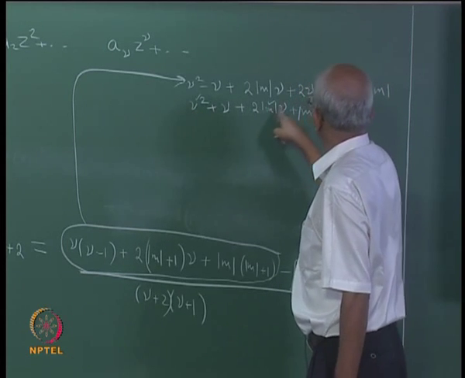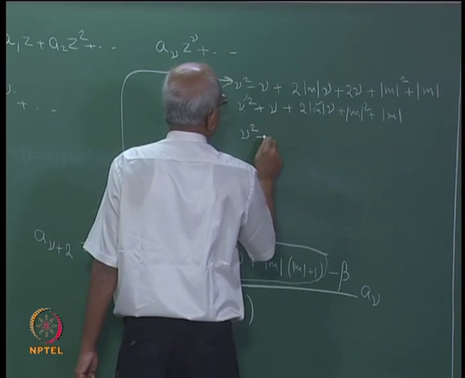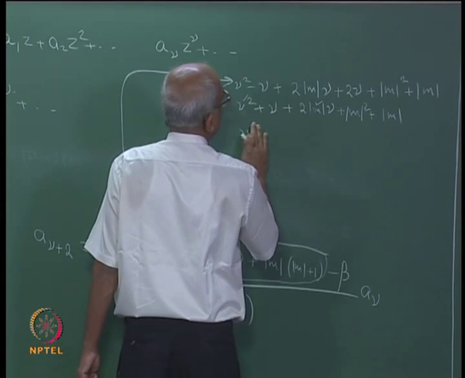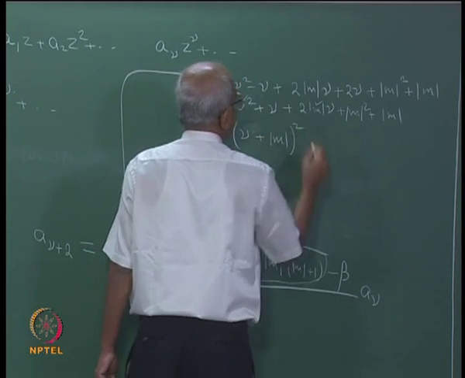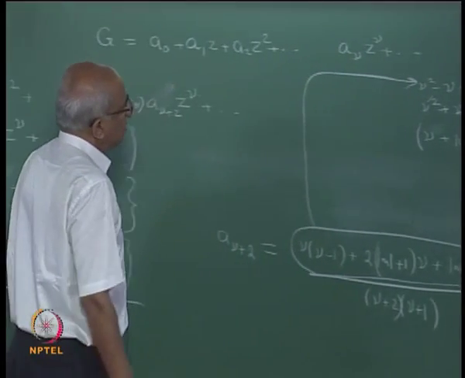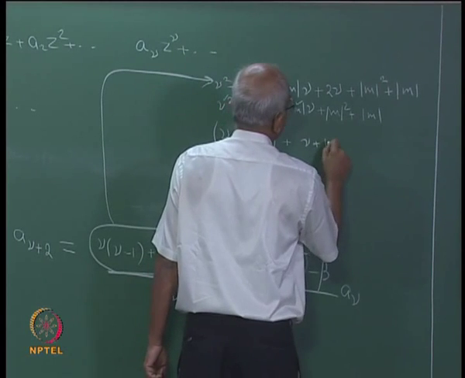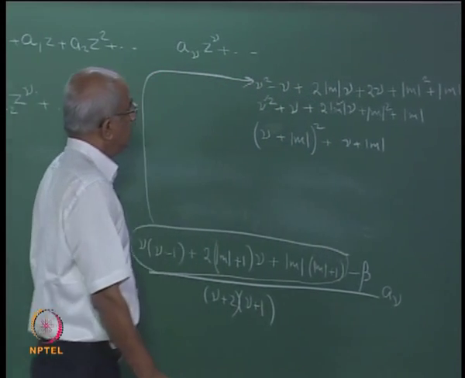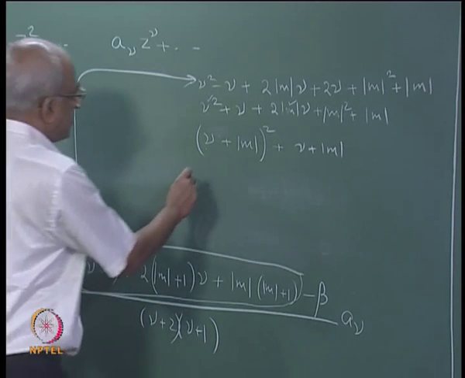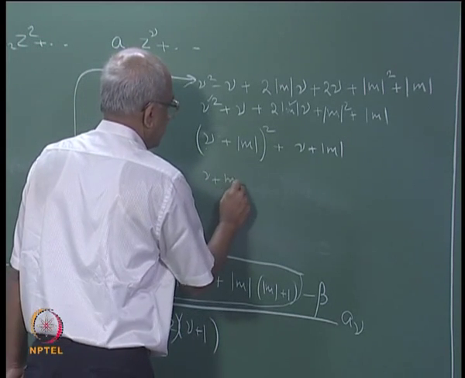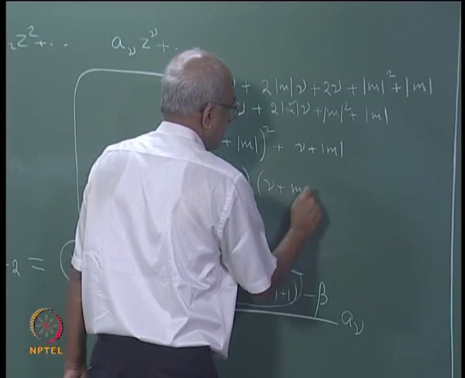This one, that one and that one you can combine. You are going to get nu square plus, well, if you combine you will get nu plus m the whole square, plus what are you left with? You are left with plus nu plus magnitude of m, correct. And that actually can be written in a simple form. It is nothing but nu plus m into nu plus m plus 1.